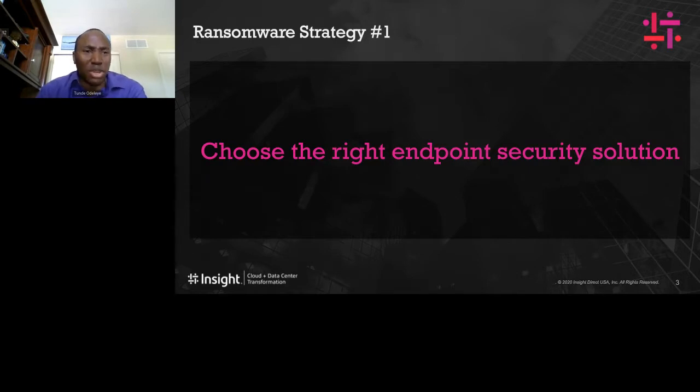There's Gartner, Forrester, NSS Labs, AV-Comparatives. There's a slew of them. I'm not saying take one over the other, but look through all these different endpoint security ratings agencies, and you'll find some commonalities around what you should be doing as far as endpoint security is concerned.